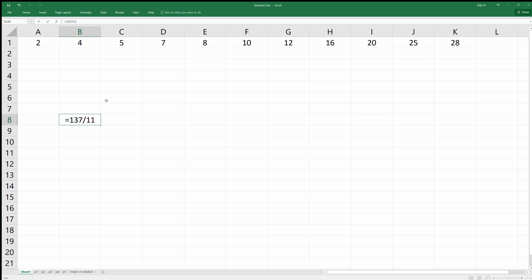I'm just trying to have a nice place to organize the numbers, but sure enough, it's 12.45 repeating. So I'll call it 12.5. For no particular reason, I'll round it to one place after the decimal. Of course, always obey whatever rules of rounding you're given in the problem, but don't overthink it. So 12.5.